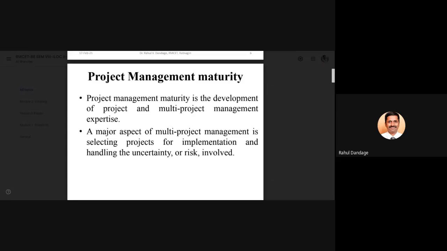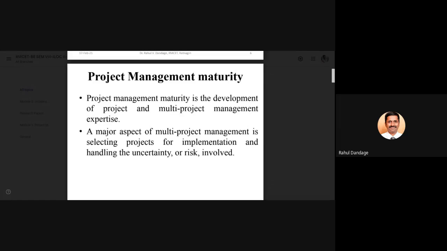So once you have your project management office in place, you are able to execute multiple projects simultaneously, you have executed many projects successfully, then we can say that you have got this project management maturity, which is nothing but the ability of your organization or your project management office to have project and multi-project management expertise.